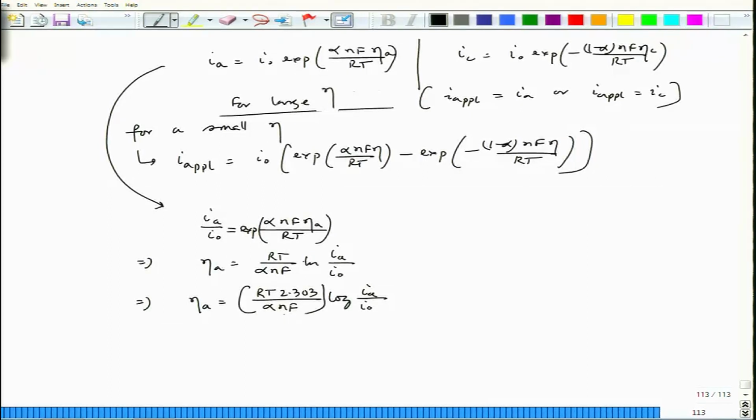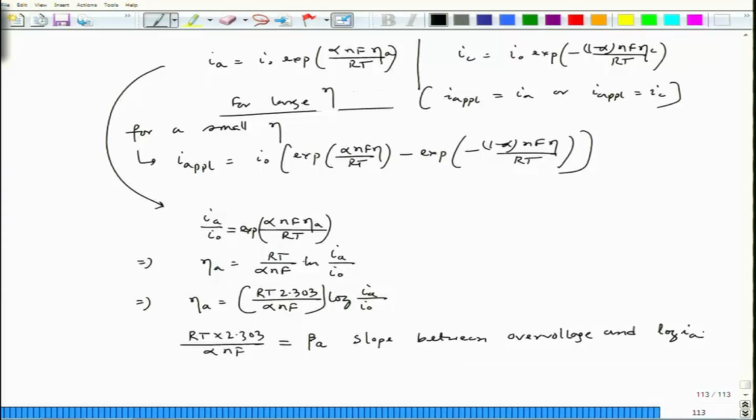Now this factor, RT into 2.303 by alpha nF, is called beta A, or the slope between overvoltage and log Ia.